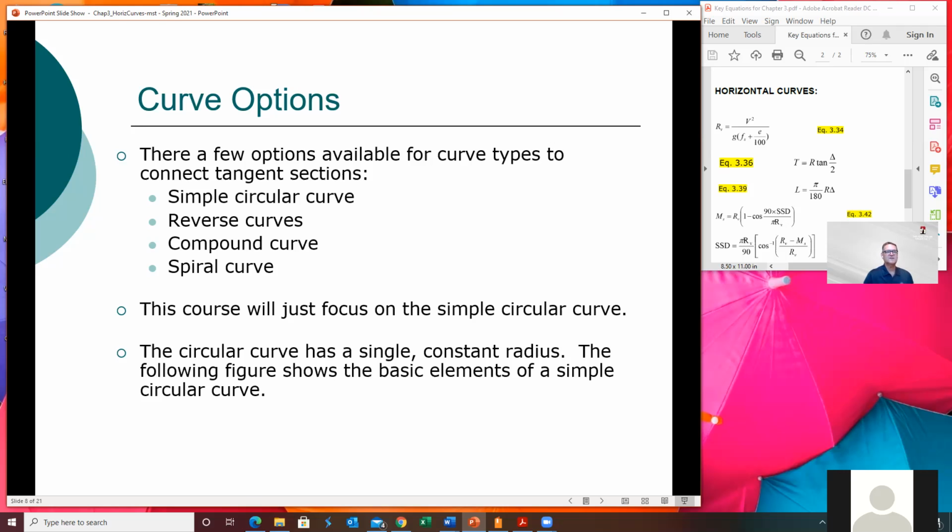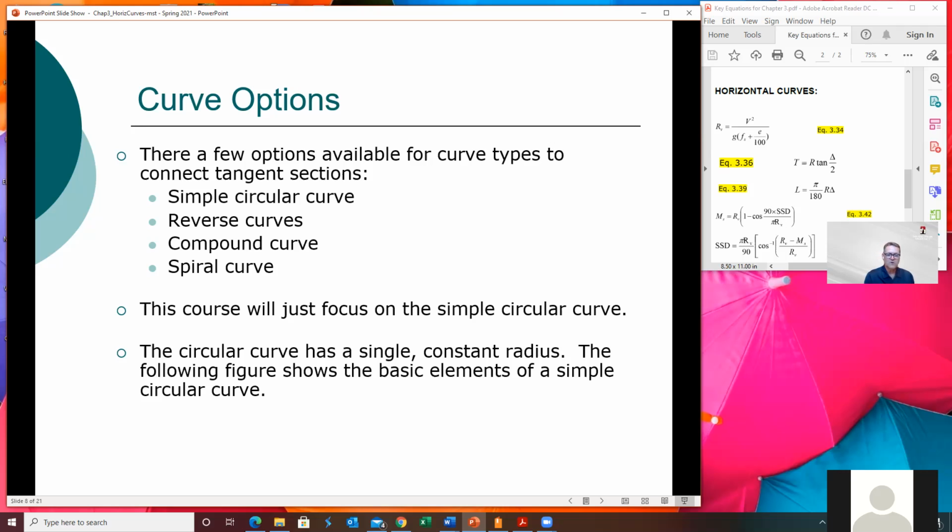It's almost a transition from a tangent section into a curved section, because rail has a lot more restrictions on its movement than automobiles do, and so spirals are used for rail.